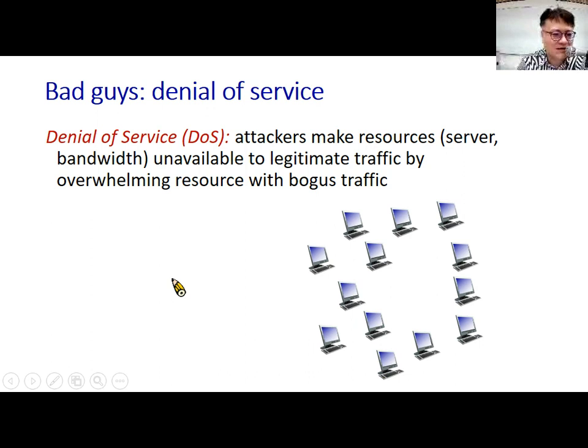Another attack is denial of service, which we call DoS. The attackers make resources, such as servers and bandwidth, unavailable to legitimate traffic by overwhelming the resource with bogus traffic.